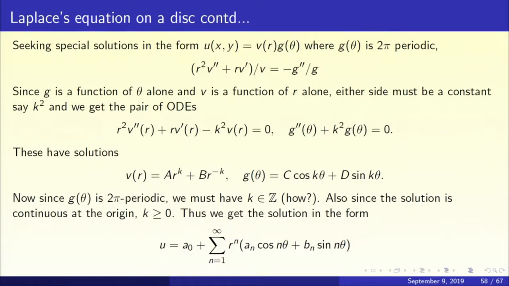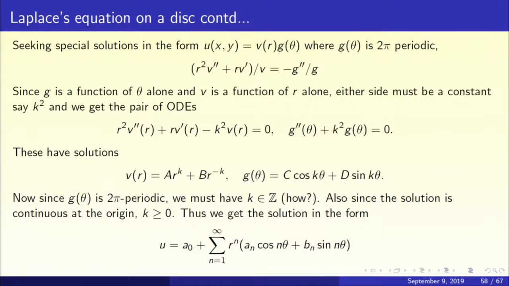But r equal to 0 corresponds to the center of the disk, (0, 0), and my solution u is a twice differentiable function. So it must be finite near the origin. So b must compulsorily be 0. There is no choice. So all we are left with is capital A r to the power k.